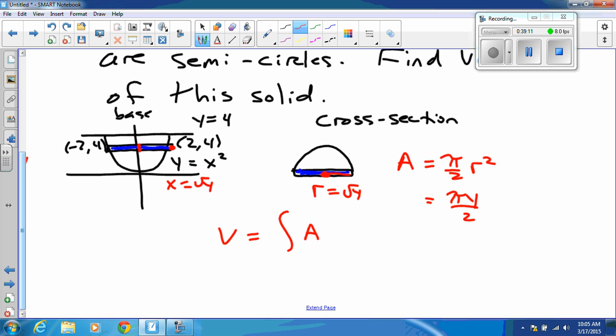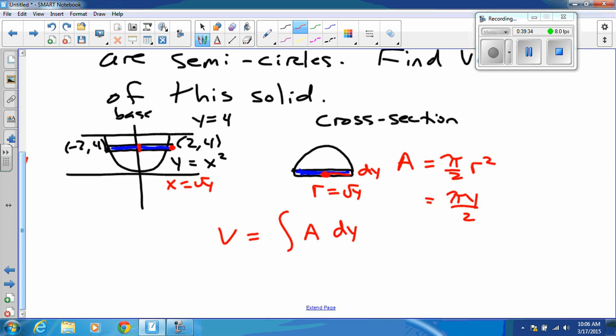And we're going to be integrating area in terms of which variable, x or y? In terms of y. And the reason for that is that the width of our cross section is dy. Just like that. And so that indicates what we're doing.